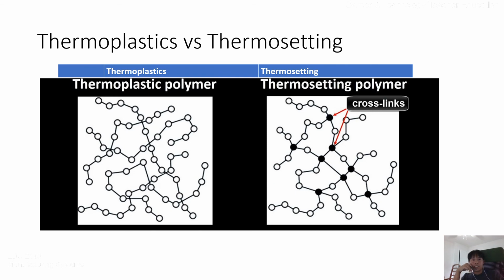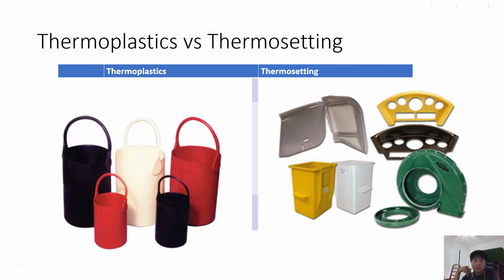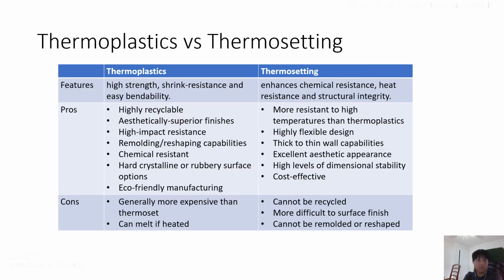Right, so let's look at thermoplastic and thermoset plastic. Before we look at their molecule structure, this is their example: thermoplastic on the left, and on the right is thermosetting plastic. Can you see the differences between the two products? What are the characteristics of the two?